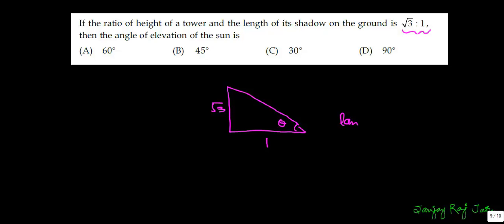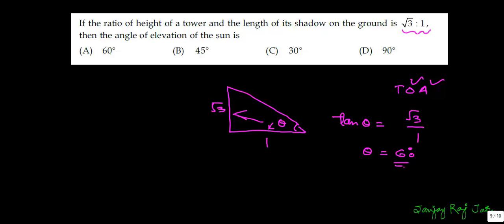Again we will do a tangent theta, which is equal to opposite by adjacent, that is root 3, which is opposite, and this is adjacent by 1. So theta will be equal to 60 degrees.